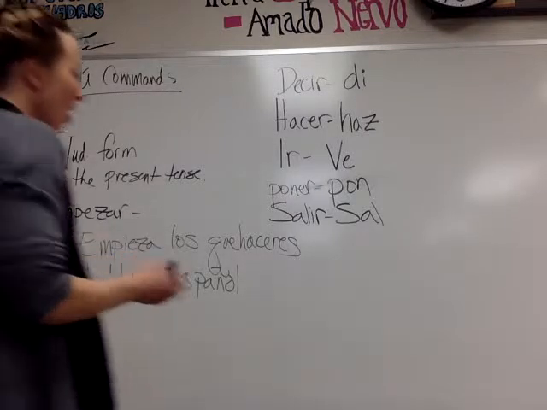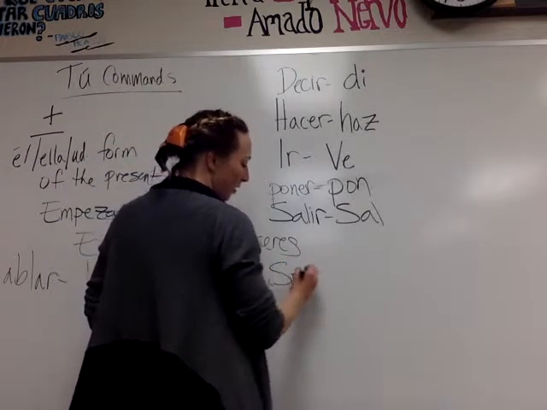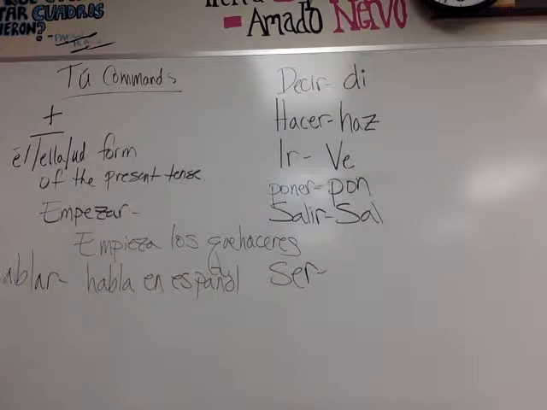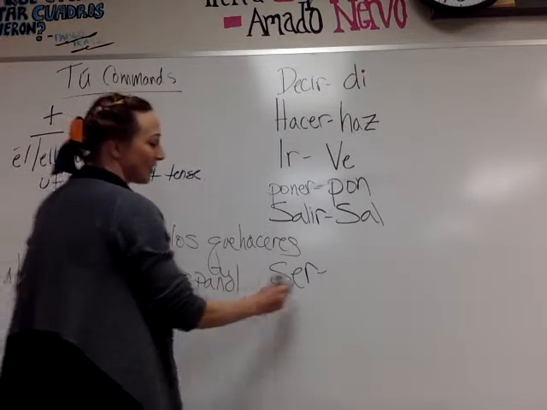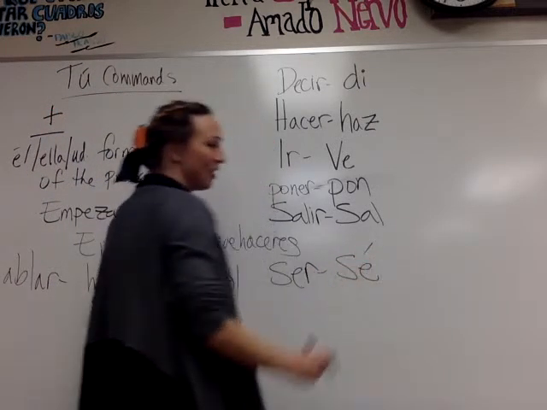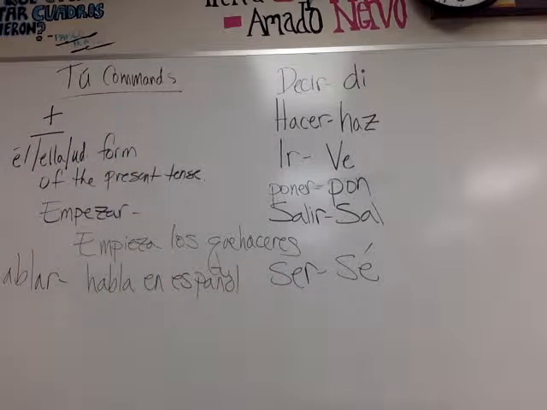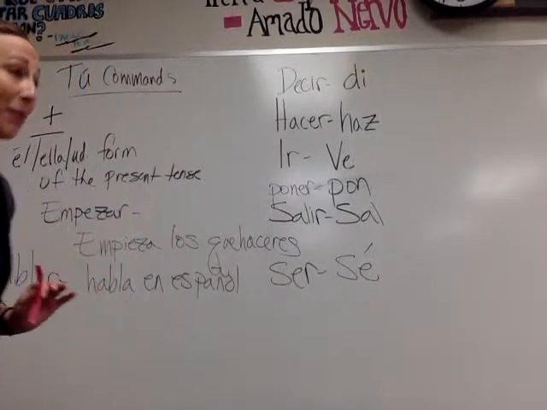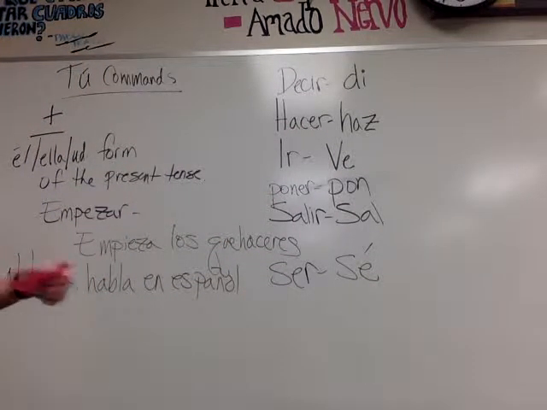That's right. Of course, ser is going to be one of the irregulars. It is sé with an accent. Now, what's the problem with that? It also means I know, right? I know. So again, context clues for this one. Okay, so I would tell you, sé amable, be nice, right?